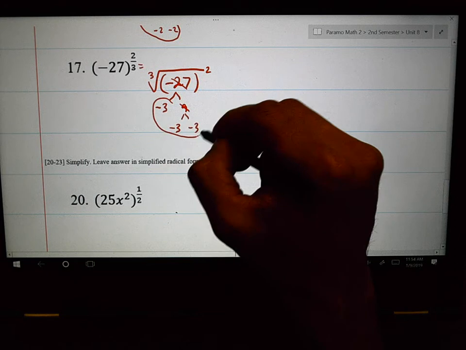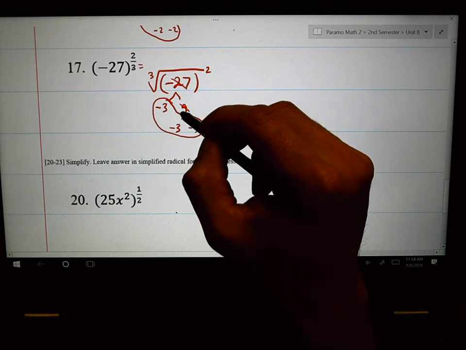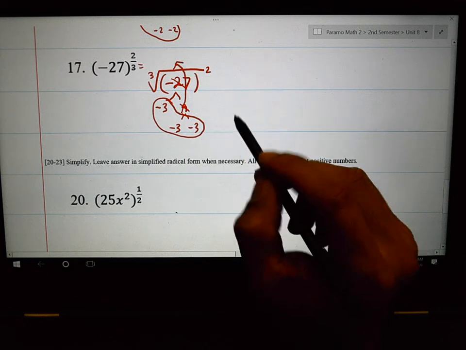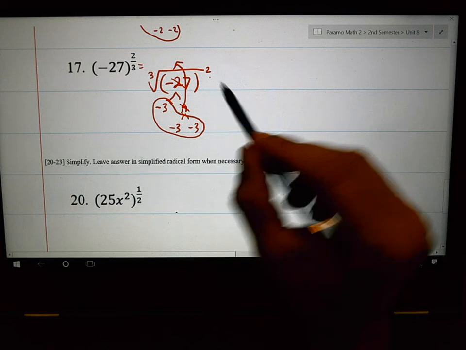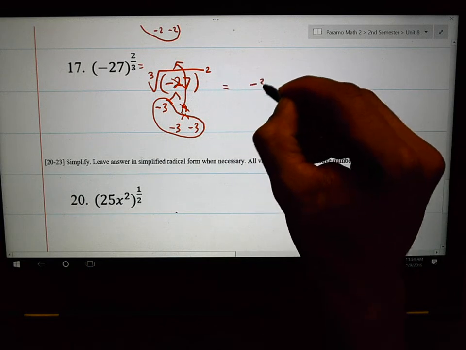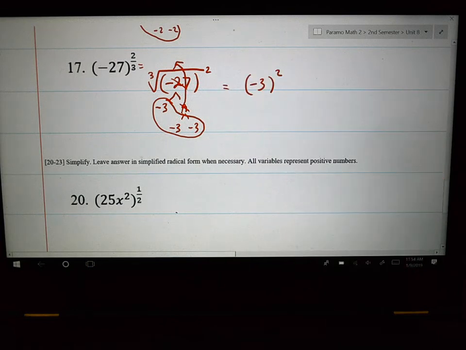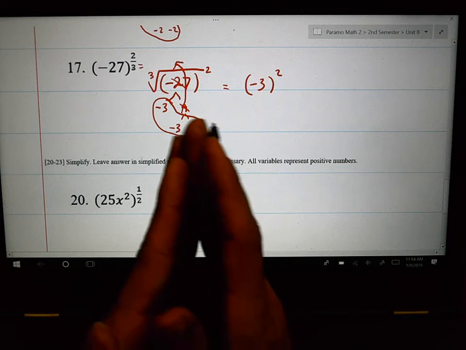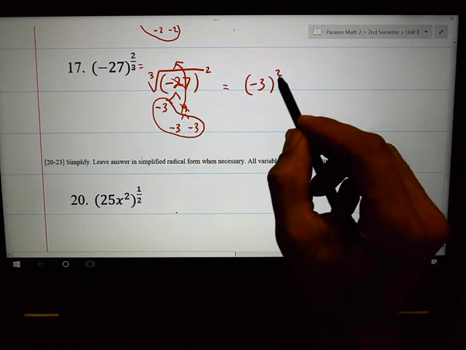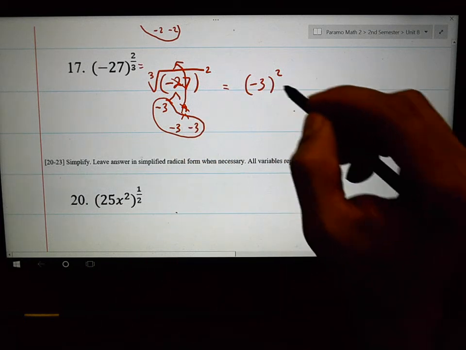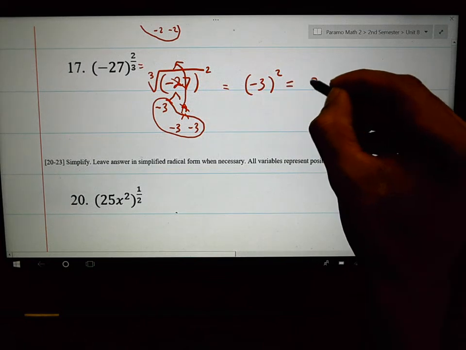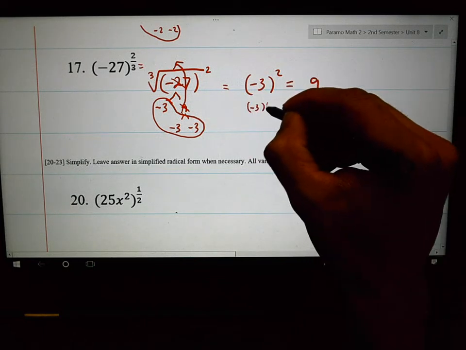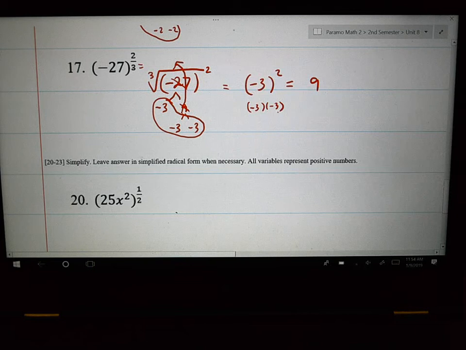If you have 3 of the factors, it pops out. But there's still that little 2 to deal with. So I have to take that -3, pop it out, and then I still have to square it, which a -3 times a -3 is a positive 9. That's my final answer.